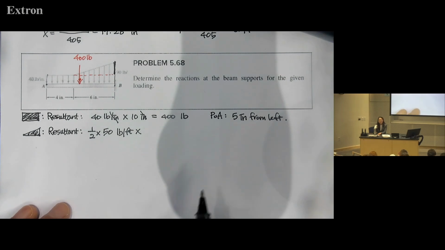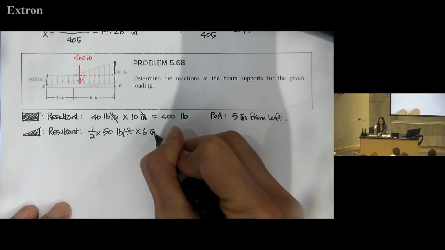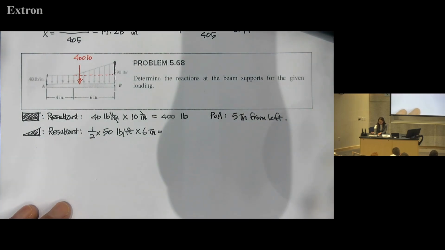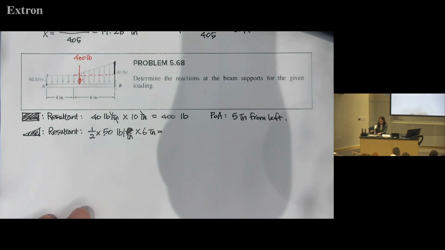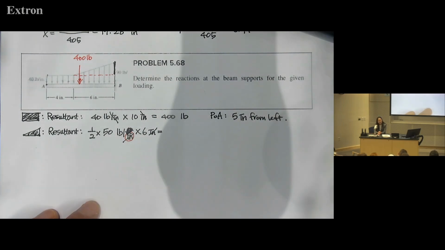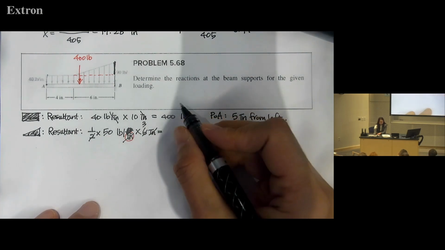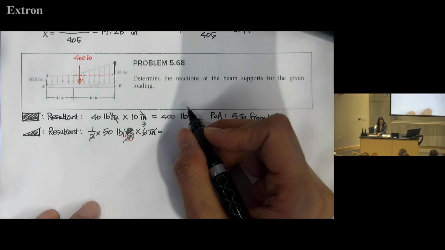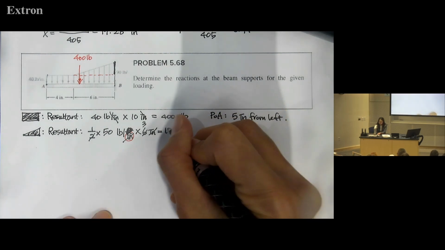And then B, 6 inches. Oops, I used feet. It should be inch. And then these inches cancel each other, and we can calculate this number, and it is 150, right? 150.